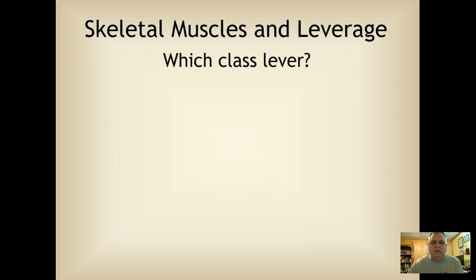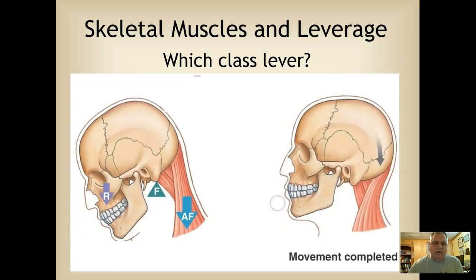So let's take a look at these diagrams of muscles and levers in the human body and see if you can identify which class lever is being represented here. So here's our first diagram, and we have the trapezius muscle being attached to the back of the skull. And the trapezius muscle is going to provide the effort whenever it contracts, or what we might also call the applied force.